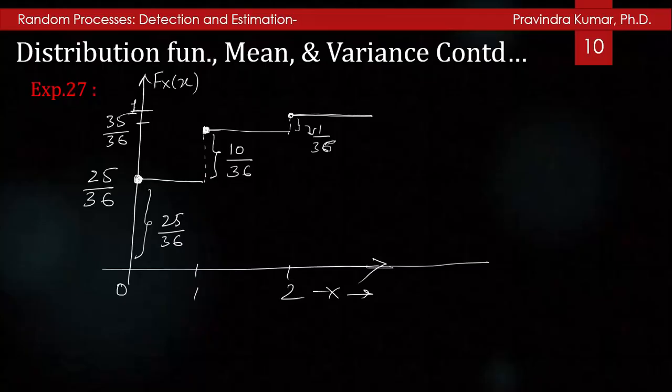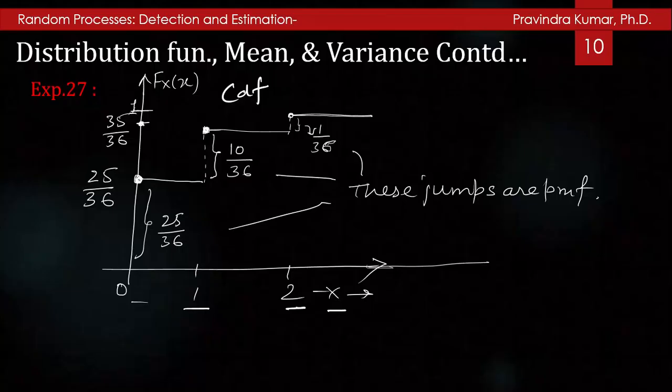Here we can sketch the CDF. The values of x are 0, 1, 2, and the value of the CDF Fx(x) at x equal to 0 is 25 by 36, at x equal to 1 it is 25 plus 10 by 36, which is 35 by 36, as we have calculated. At x equal to 2, it is 1.